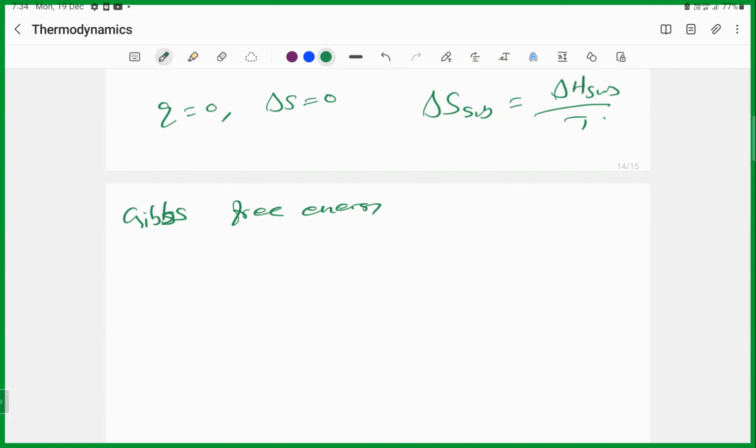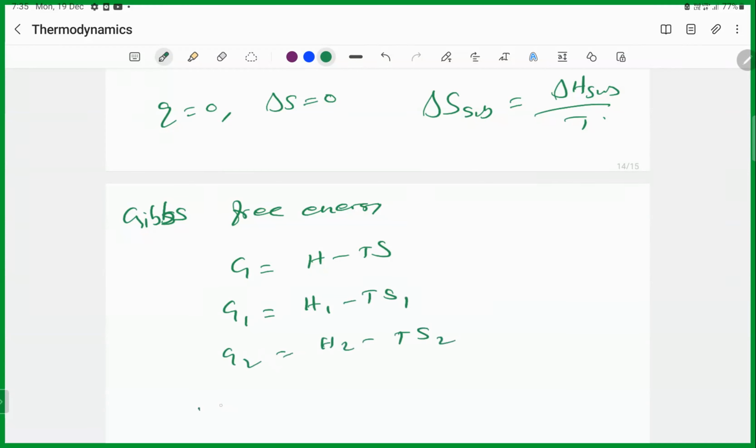Mathematically, the equation is G equal to H minus TS. It is a state function. H is the heat content, T is the temperature, and S is the entropy of the system. For the initial state, G1 is equal to H1 minus TS1, and G2 is equal to H2 minus TS2.